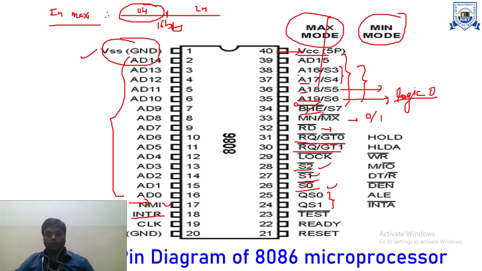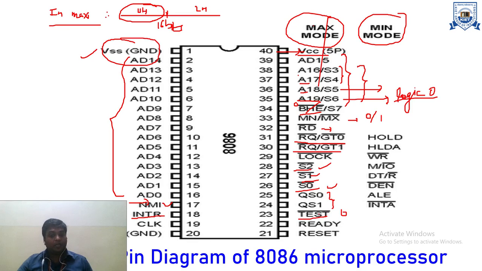Now the next one is your test pin. The test pin is basically used with the help of the wait signal. When the wait signal is activated, the 8086 microprocessor moves towards the waiting condition. It will remain in the waiting condition until this test complement value is 0.